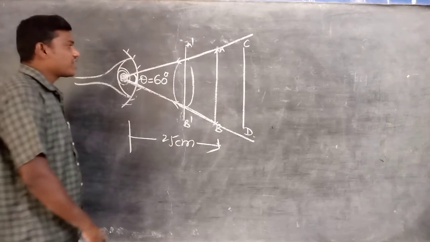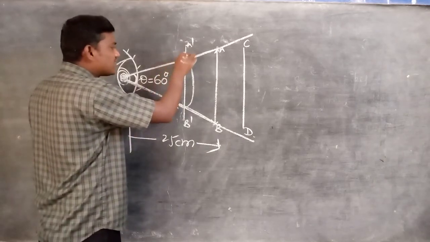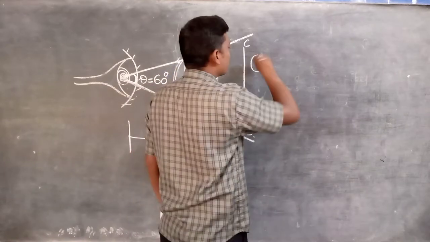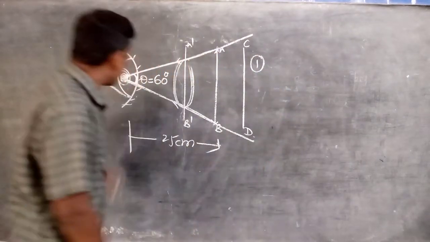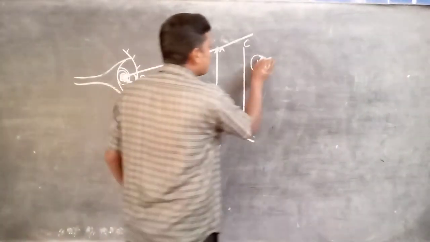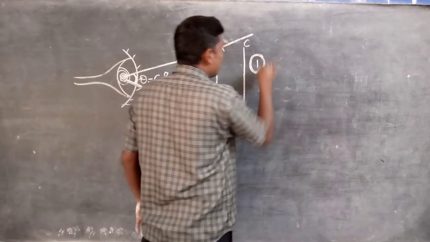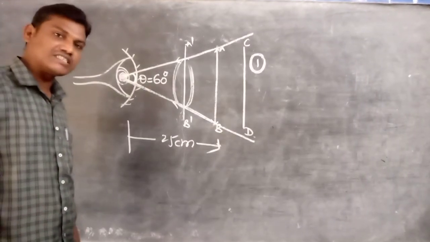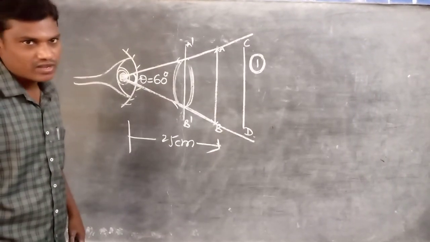At that time, what is the angle here? There are 3 points. What is the angle of vision? 60 degrees. So if the angle is above 60 or below 60, what will happen? If the angle is below 60, we are able to see only part. For example, for A dash, I will draw one ray like this.